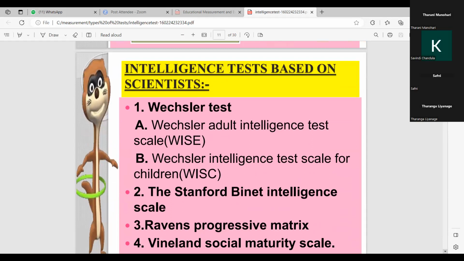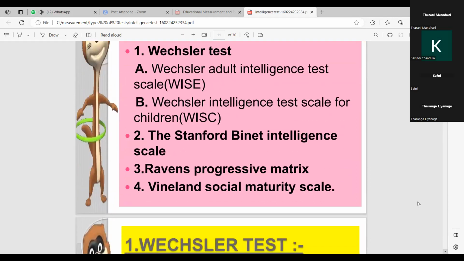Now, intelligence tests based on scientists. After Binet's test, some others helped in developing this. The first one is the Wechsler test. Wechsler had a series of tests. We have two of them: the Wechsler Adult Intelligence Scale, called WAIS, and the Wechsler Intelligence Scale for Children.